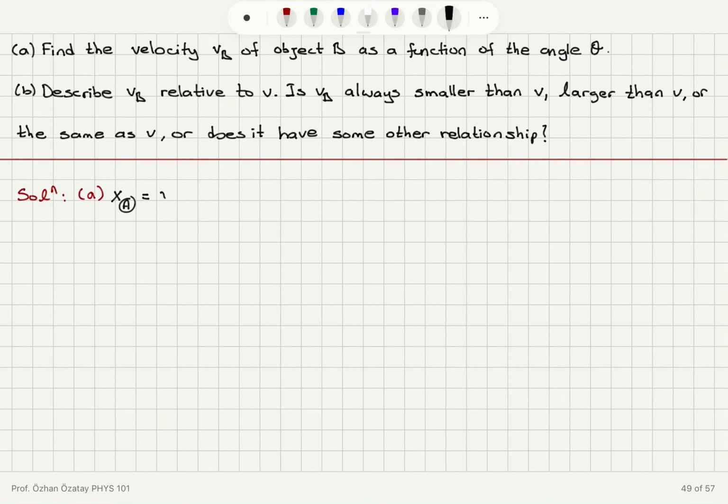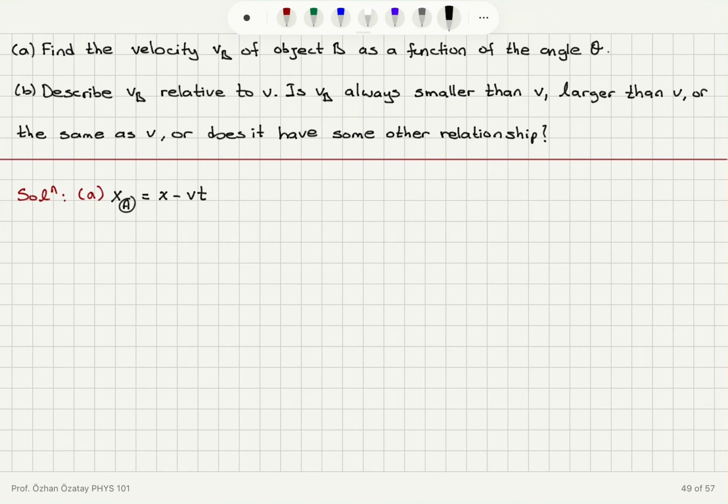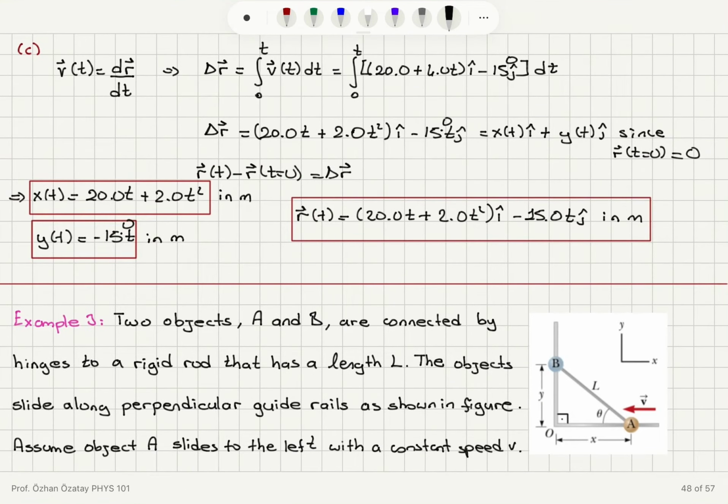So it is basically x minus vt. At t equals 0 this is x, and as time goes by, x will be decreasing with a constant velocity v, so this will be x minus vt.